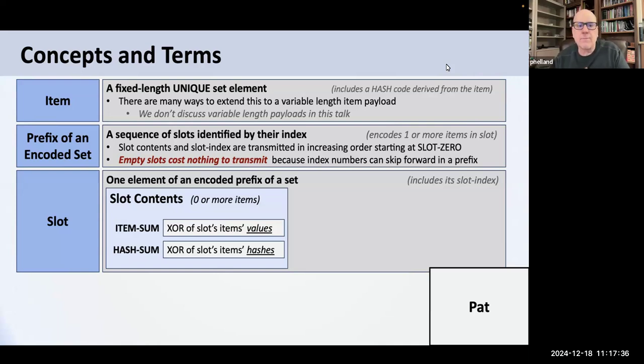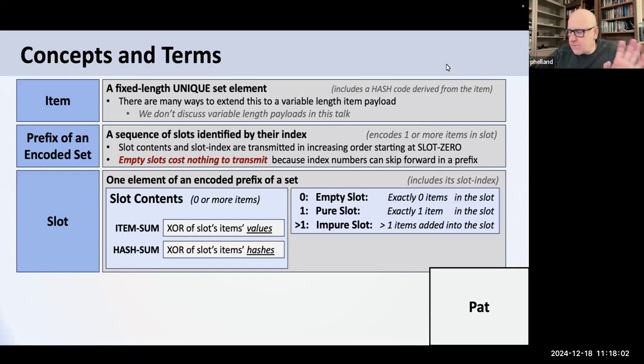You have to design that when you're building your solution. But you take the items that have landed there and XOR them together, and that's the item sum. Each individual item you hash. So if you have n items in the slot, you have n hashes of the individual items, and you XOR those hashes to get a hash sum.